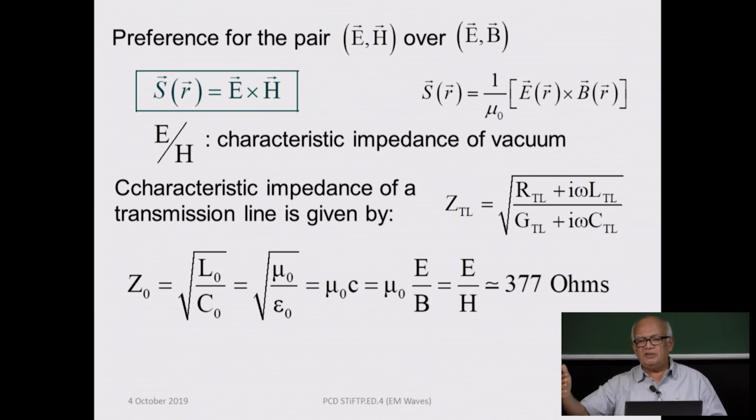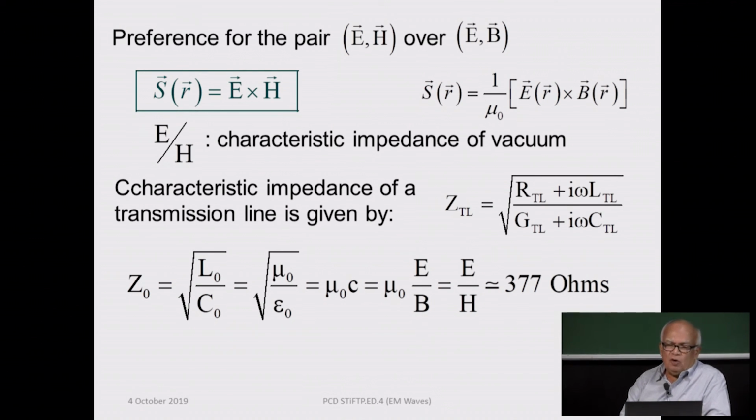The impedance comes from the self-capacitance and the self-inductance of the transmission lines. And that transmission line impedance is given by this square root of (r plus i omega L) over (g plus i omega C) and so on. So these are some characteristic properties of the transmission lines.